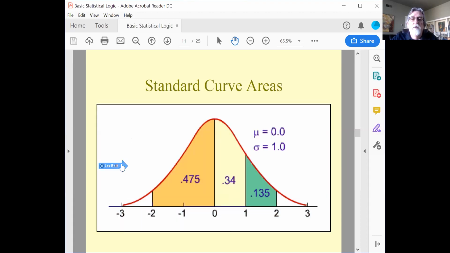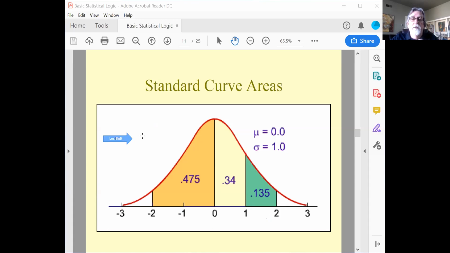And so between 1 and 2 are about 13.5% of the area under the curve, or 13.5% of the cases in a normal distribution. And then the rest of it lies beyond 2 standard deviations.